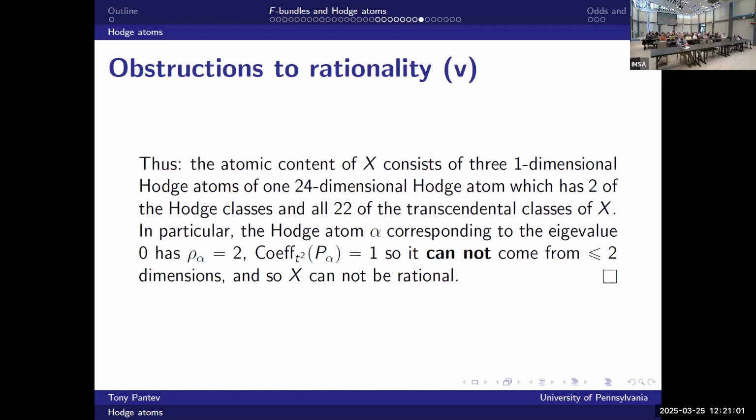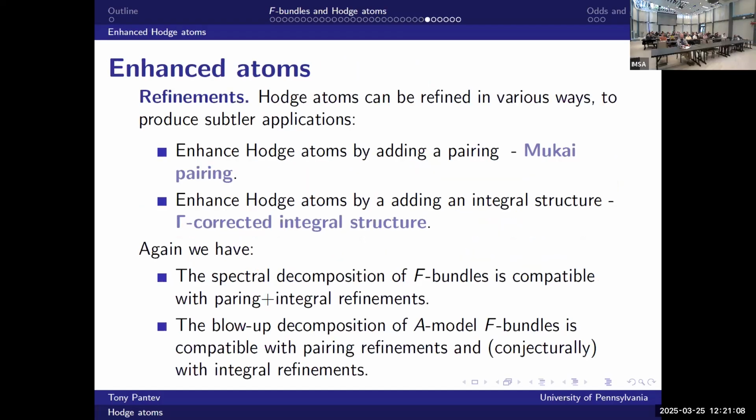Okay. So I can tell you a little bit about what Ludwig was mentioning about the cancer. You can refine this notion of a Koch atom in various ways. As I said, the theory up to here is good.